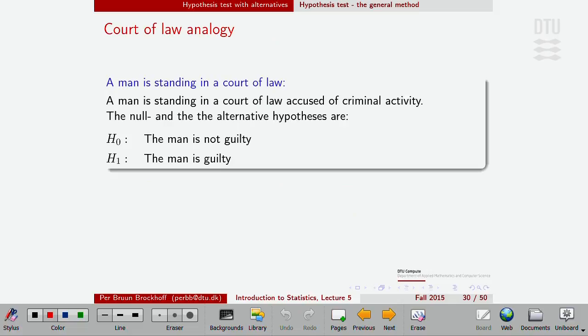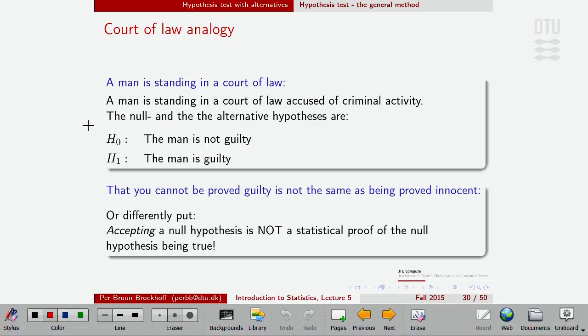Court of law analogy. You're accused in a court of law. If we should talk about hypothesis testing there, the null would be you're not guilty. That's the starting point. You would have to prove a man to be guilty. Here there is this point again. Just because we didn't manage to prove a guy guilty doesn't mean we have proved him innocent. Right?